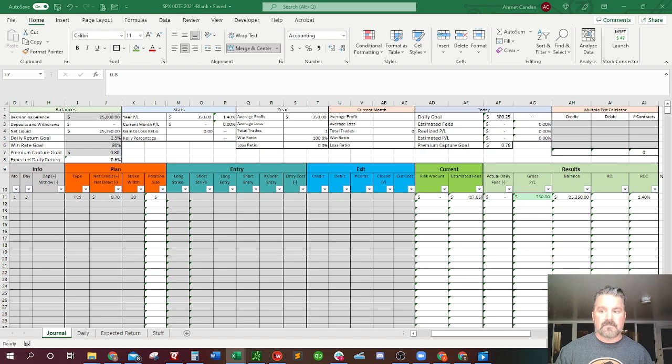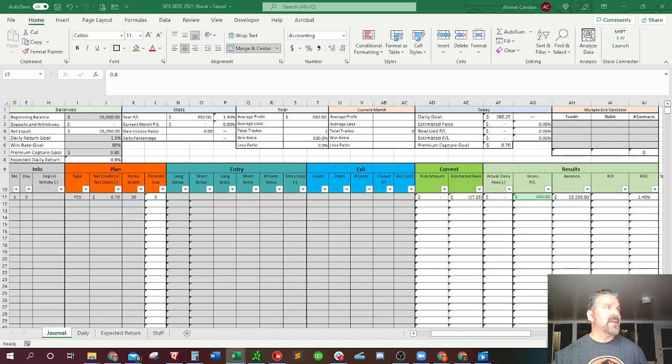So they're going to charge 3.56 cents of premium to enter the spread, but they'll also charge 1.56 cents to exit the spread. So that means that per spread, I'm going to be losing 5.12 cents of premium. So let's just call it 5 cents of premium.